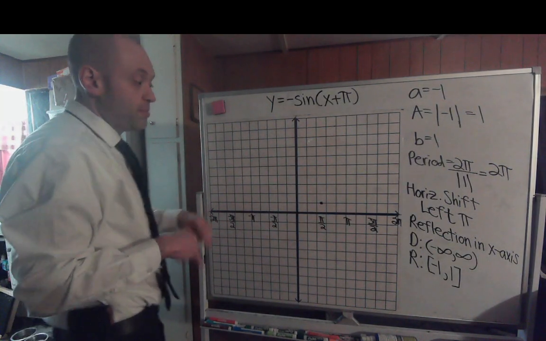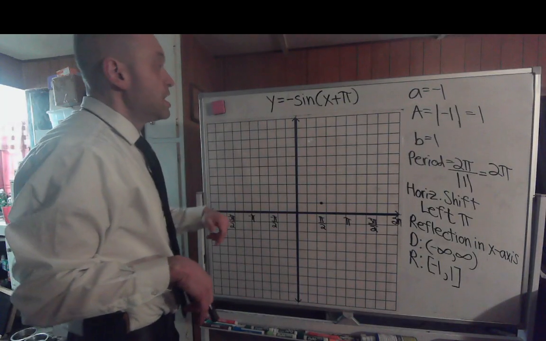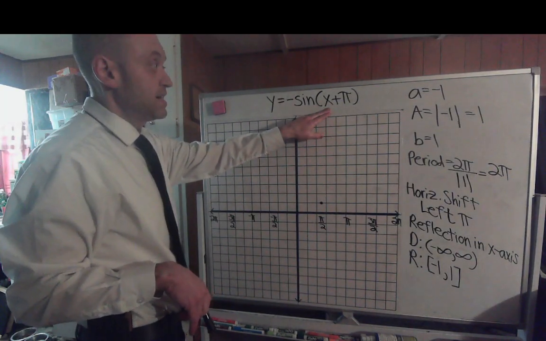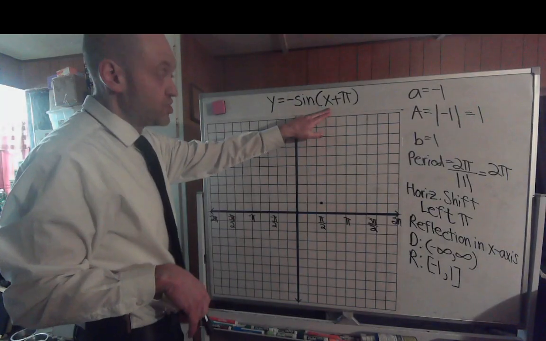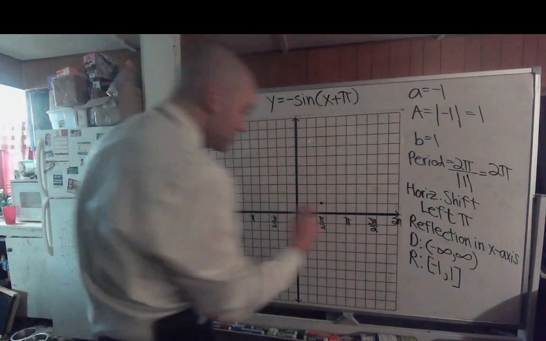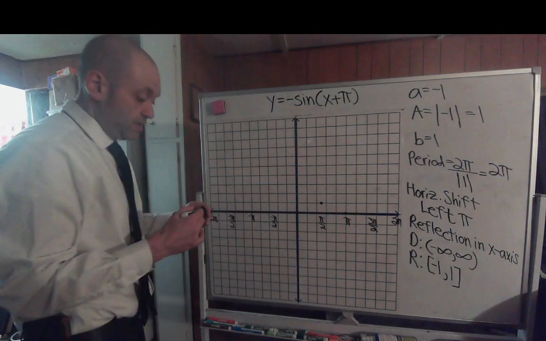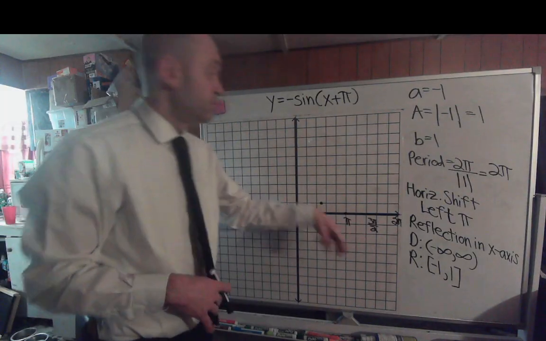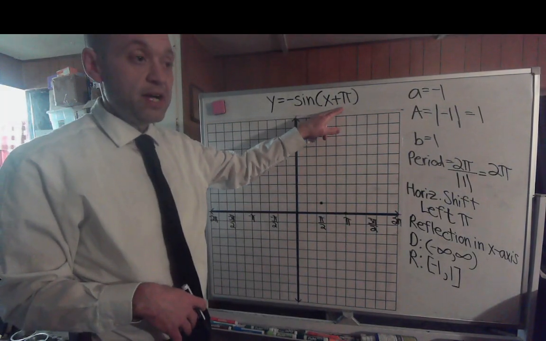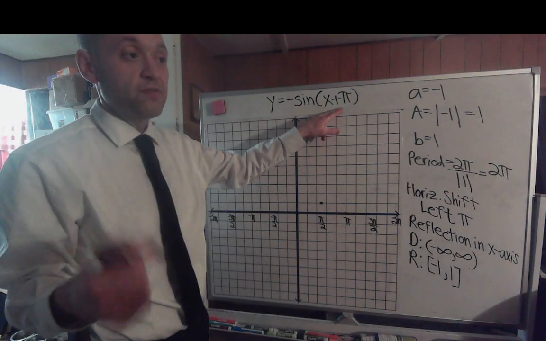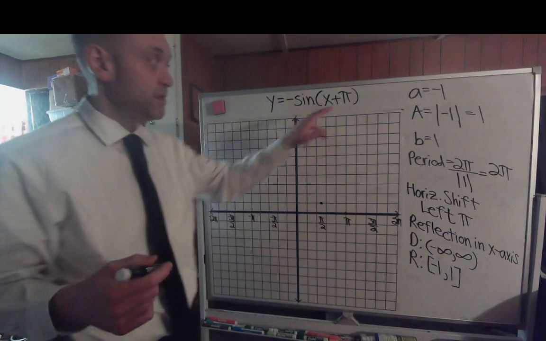Okay, now what about pi? If I put in pi, that's like the sine of 2 pi, which is going to be 0. Now if I put in 3 pi over 2 plus pi, that'd be like 5 pi over 2. You subtract 2 pi from 5 pi over 2, it'd be like pi over 2.